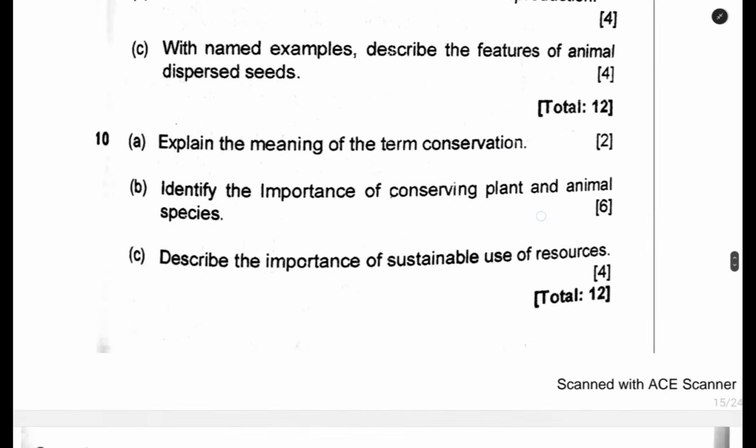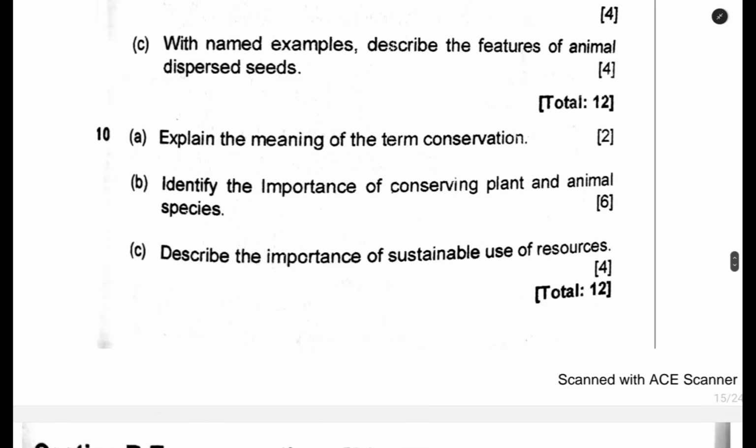Then question 10, explain the meaning of the term conservation. Conservation is one of the topics that you should look at: biodiversity and conservation. Identify the importance of conserving plant and animal species. So 3 topics that I talked of on question 10, or the last question that you're likely to find, are population, biodiversity, and ecosystem.